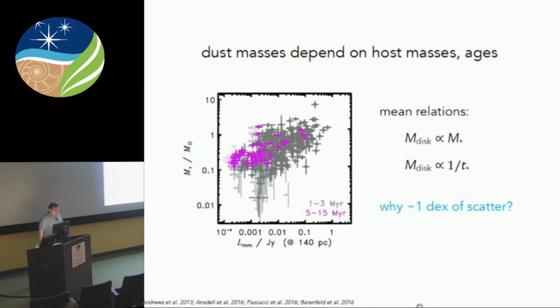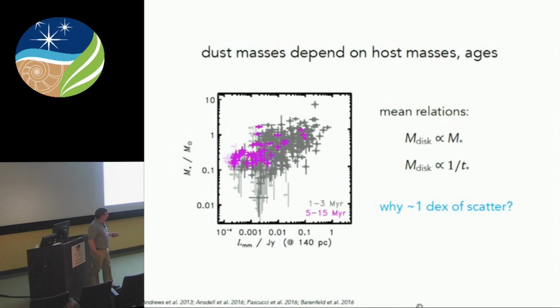So we've done this over many years, and we see a few important things. I'm going to just show you two of them, only one of which is published at this point, because I think it pushes me to talk about the migration of the solids. But the first thing you should know is that the total mass, or luminosity in the microwave continuum, depends on the mass of the stellar host and the age of the stellar host.